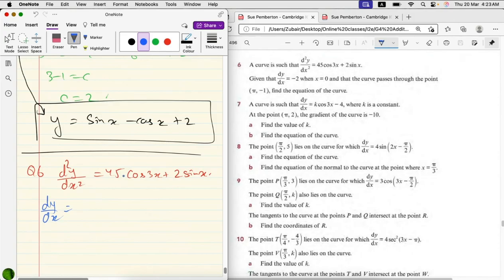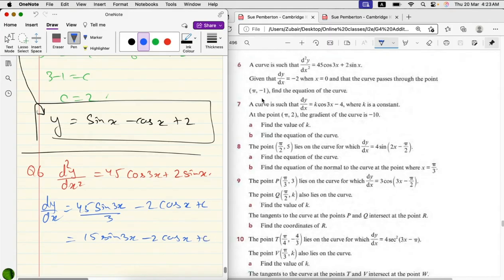Cos changes to sine. This is 15 sine 3x over 3, and this changes to minus 2 cos x plus c. Before I substitute, I would simplify: 15 sine 3x minus 2 cos x plus c.